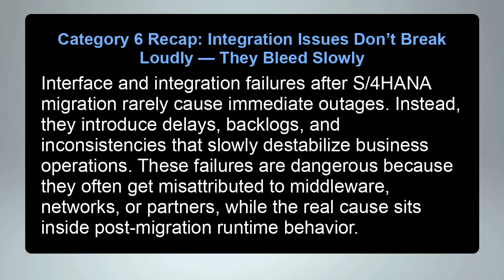Category 6 recap. Integration issues don't break loudly, they bleed slowly. Interface and integration failures after S/4HANA migration rarely cause immediate outages. Instead, they introduce delays, backlogs, and inconsistencies that slowly destabilize business operations. These failures are dangerous because they often get misattributed to middleware, networks, or partners, while the real cause sits inside post-migration runtime behavior.